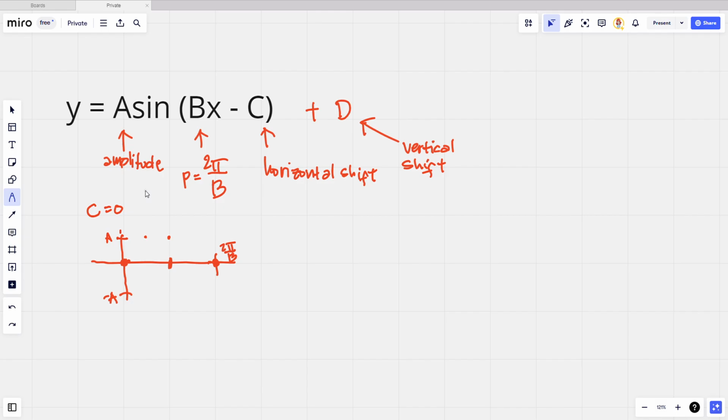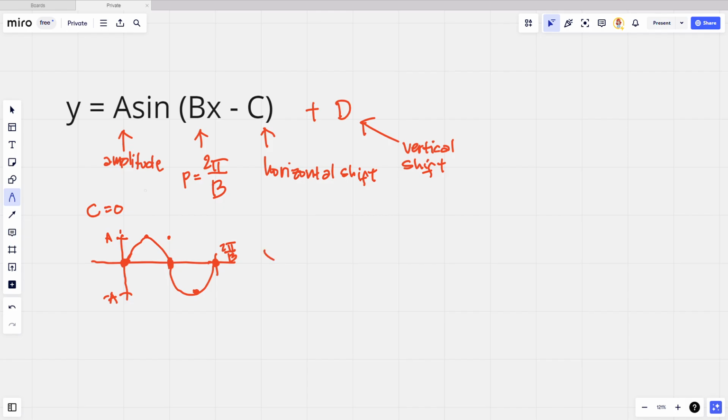Since a here, let's say a is positive, we go up first to this midpoint of our center and our initial point. So connecting that, we'd get this graph right here, and then the midpoint between this midpoint and our last point, the point at the end of our cycle, is this point right here. So that's the lowest point. Then just connecting the values, we'd get this graph right here.